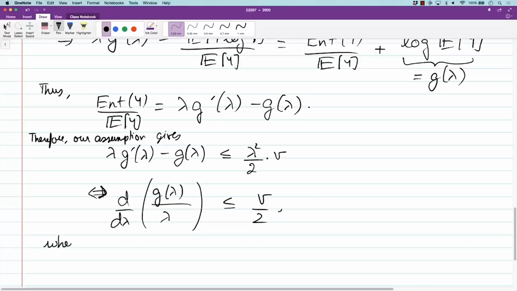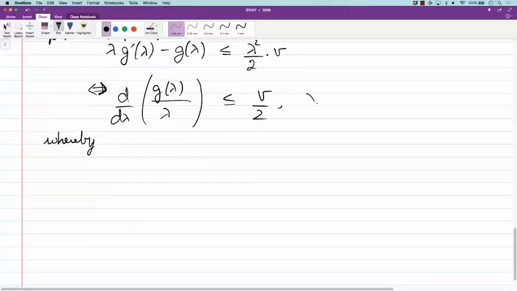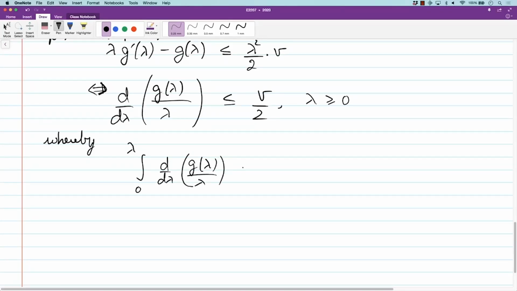So what do we get finally? This is true for all lambda greater than or equal to 0. So you can integrate from 0 to lambda: d by d lambda of g lambda by lambda is less than or equal to v by 2, giving v lambda by 2.